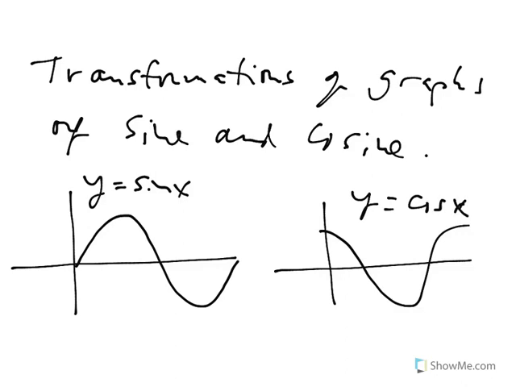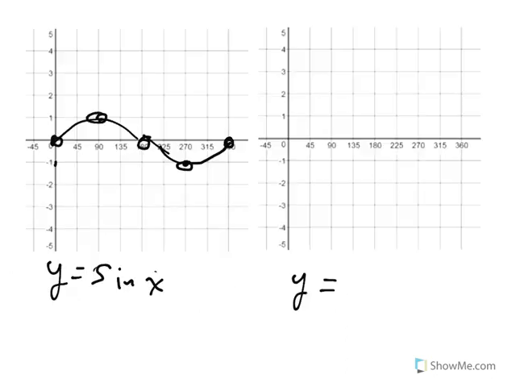In this lesson, we're going to see the effect of doing a transformation on the graph, whether it's a horizontal or vertical shift, a reflection, or a dilation, also called a vertical stretch or horizontal compression, and how that affects the equation and how the equation affects the graph. So let's see how some of these transformations work.